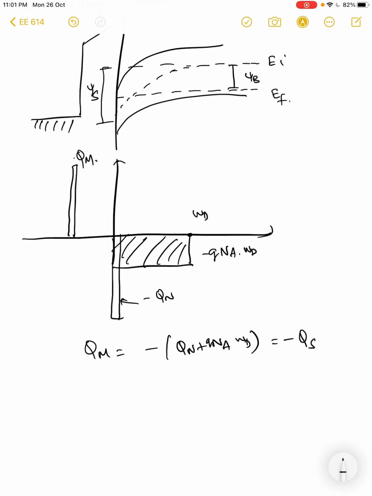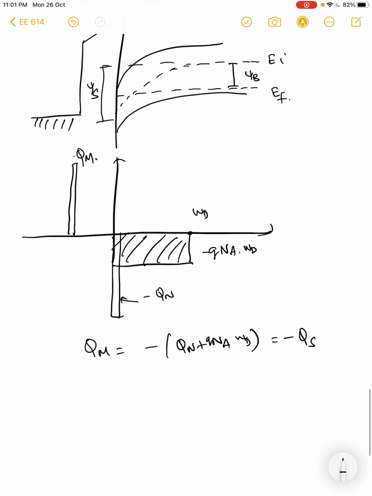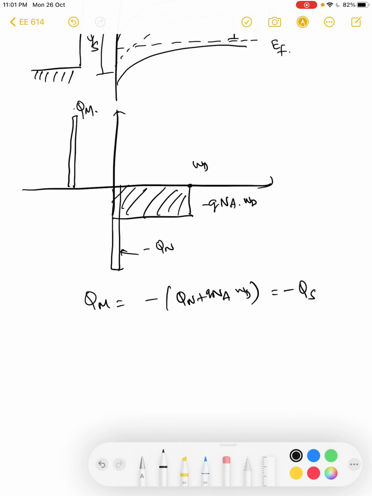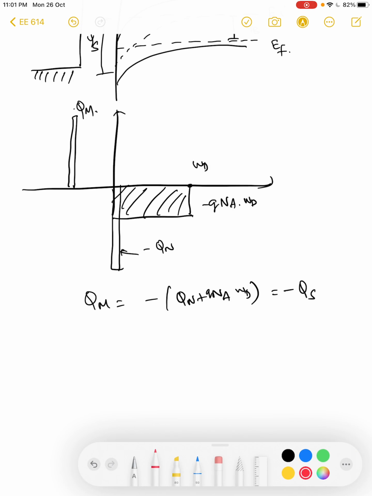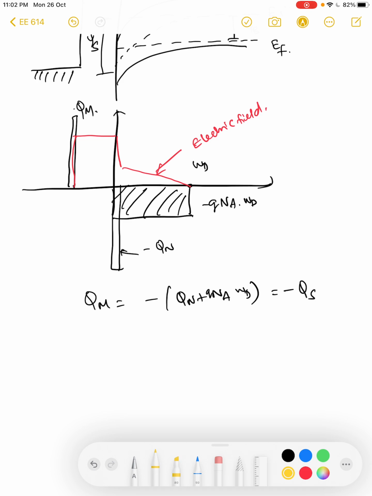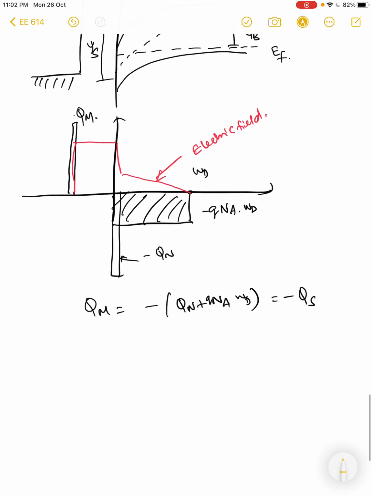And if I draw the electric field in this, electric field is just an integration of this charge profile. So the electric field will turn out to be something like this, right? And at this junction there will be a sharp drop, and here I will have a very slow drop. This is the electric field, and the potential profile is again an integration of this.